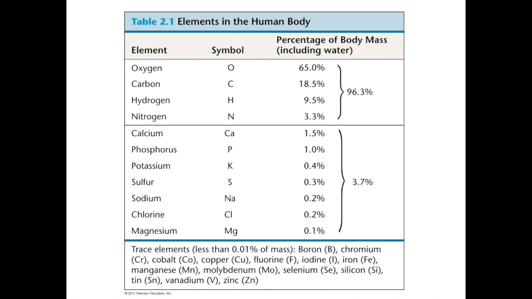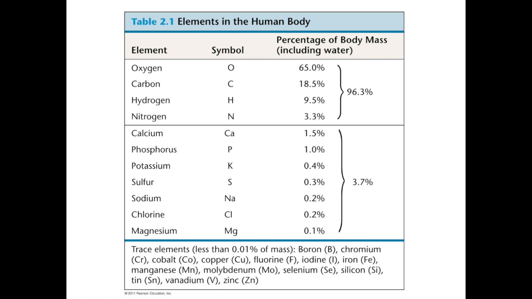So, is carbon important in the human body? The answer is yes. It's important in the bodies of all life as we know it. This slide you saw earlier in the chapter, and we just spent a while talking about water. So most of that oxygen, that 65% of your body mass, a huge chunk of that is in the form of water.